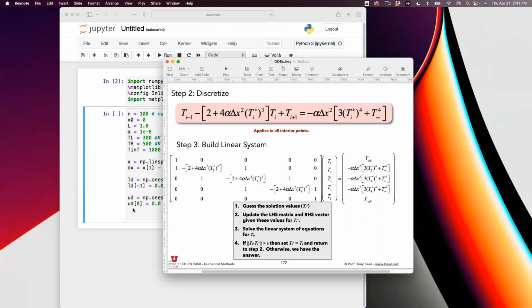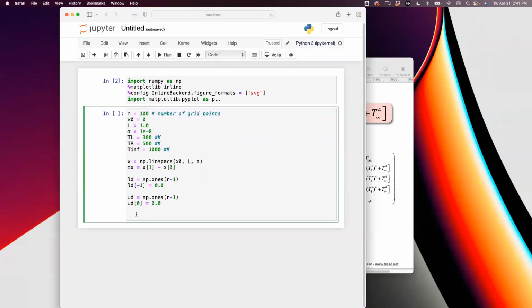Okay, so let me go ahead and do it, and then maybe we explain after the fact. So I need a T star. We need an initial guess. My initial guess is going to be T equal to, let's say, 300 times np.ones of size n.